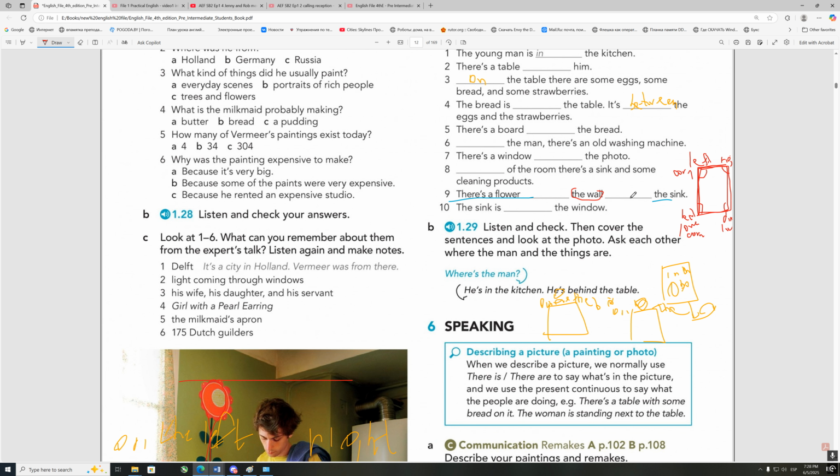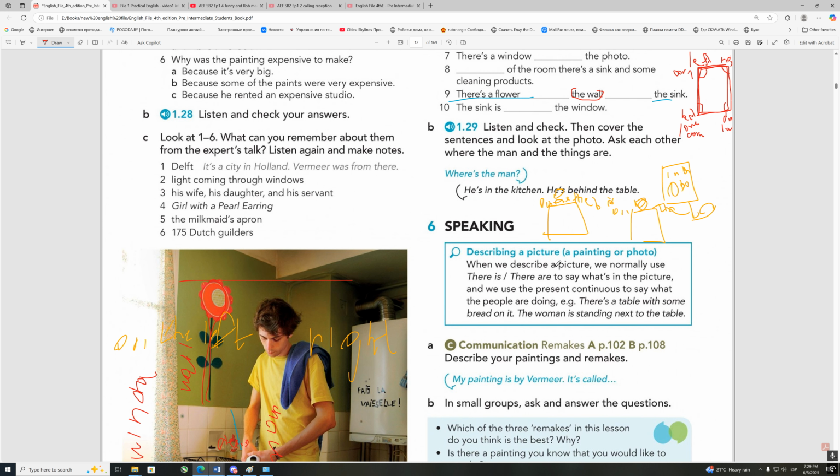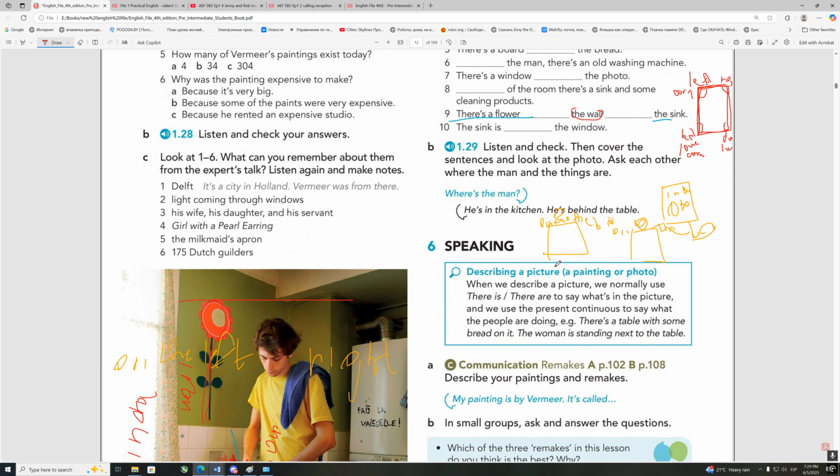It can't be above the wall because the wall is not the horizontal surface. It's a vertical surface. So this is the wall. Okay. The room has four corners. Has four walls. There is a flower.